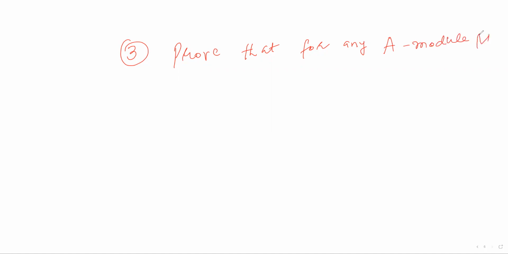And the last one, the third exercise: prove that for any A module M, A tensor product M over A is isomorphic to M. Okay, so as A modules, these are isomorphic.